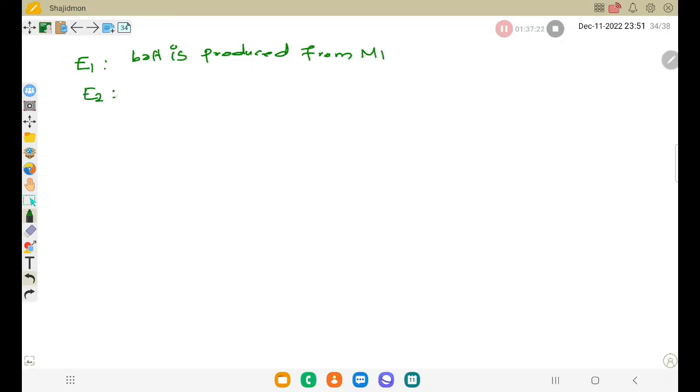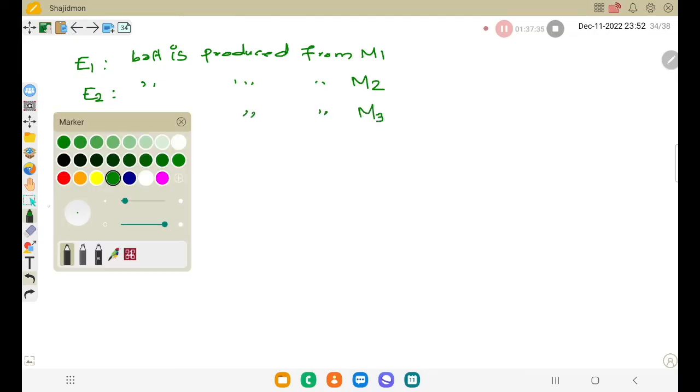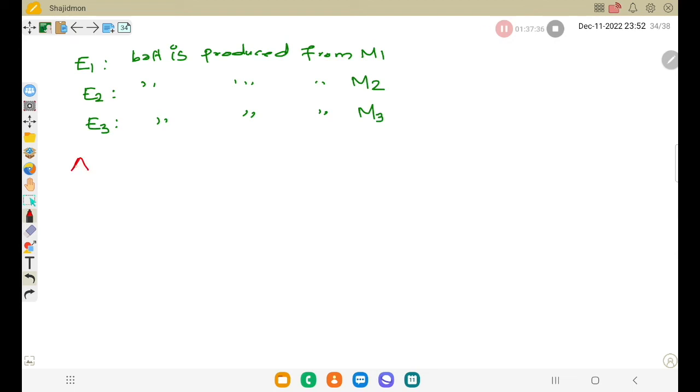E2, same bolt is produced from machine number 2. E3, bolt is produced from machine number 3. And A, what is the event A? Bolt is defective, correct?